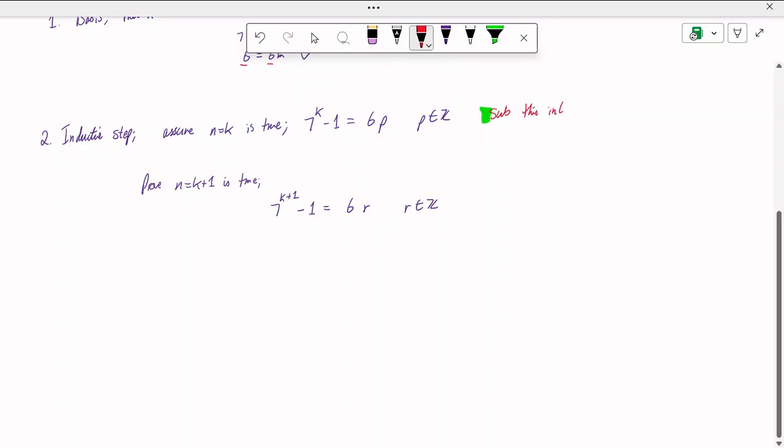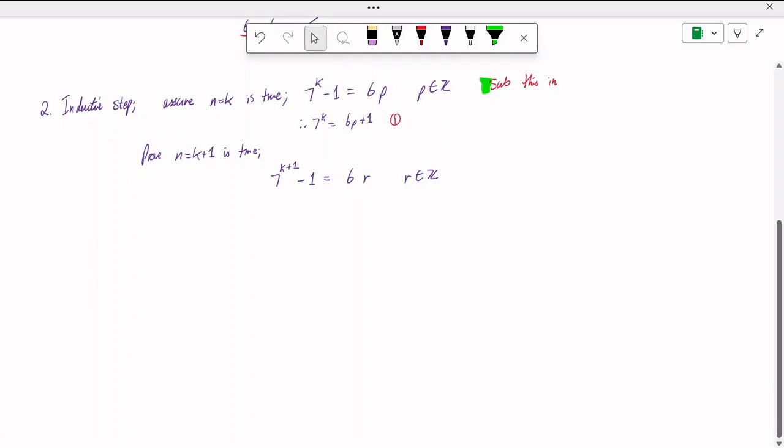We don't have a sum to deal with this time. So this is going to hinge on us rearranging. So what I could do is rearrange this expression and make note that 7^k is actually equal to 6p plus 1. I'm going to set this as my first expression. Rearranging like this is a really easy trick that works every single time.